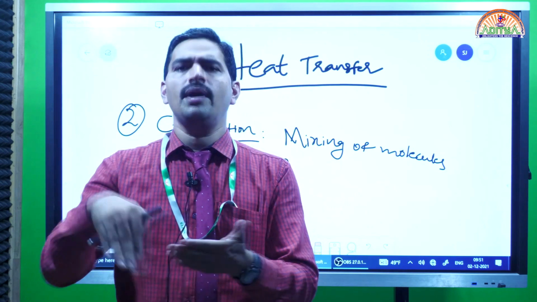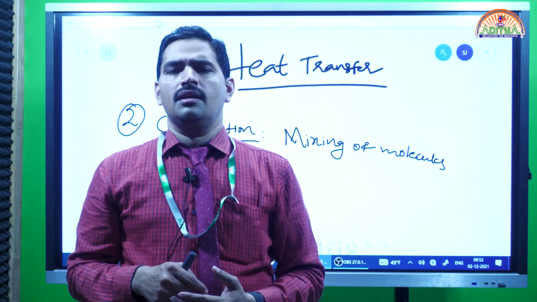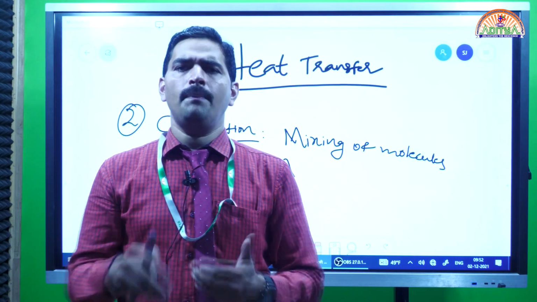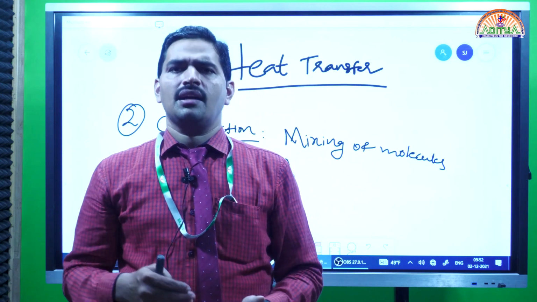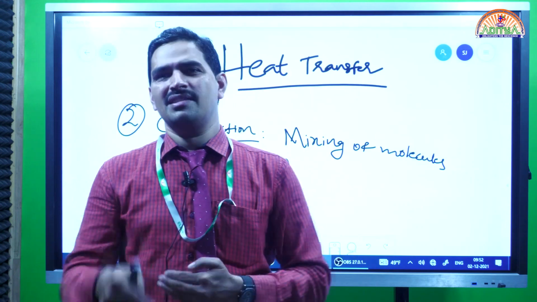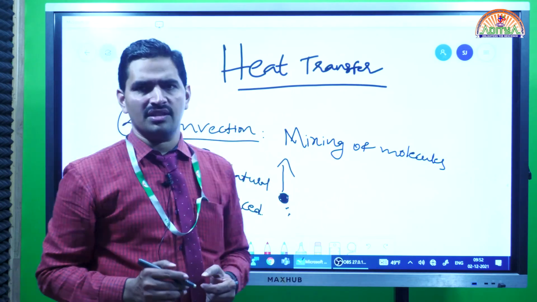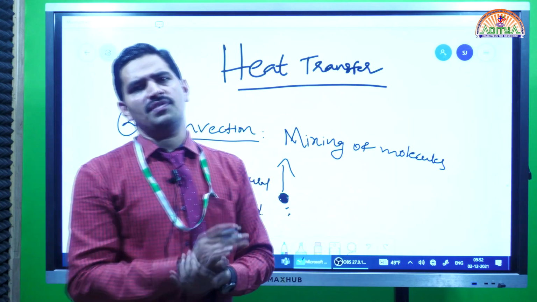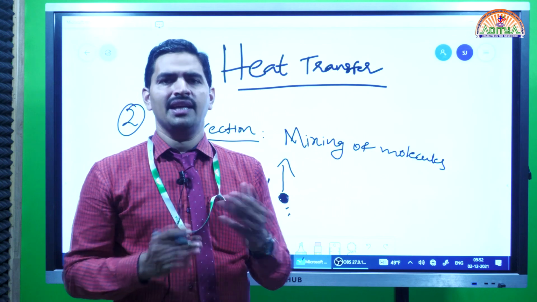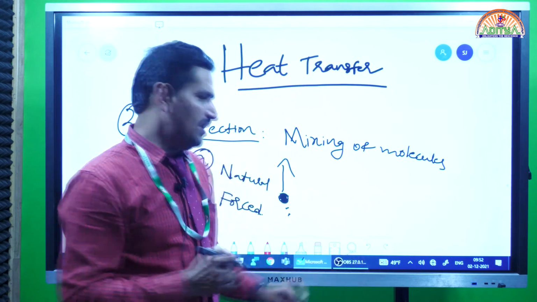Otherwise, if you agitate the water by means of a stirrer or any other device, the convection currents are formed artificially with the mixing. That is why it is called forced convection. So either by natural convection or by forced convection, the heat transfer occurs. So this is about convection.